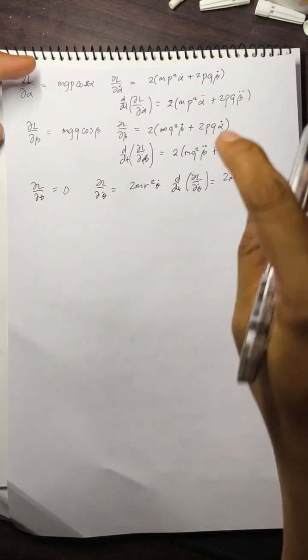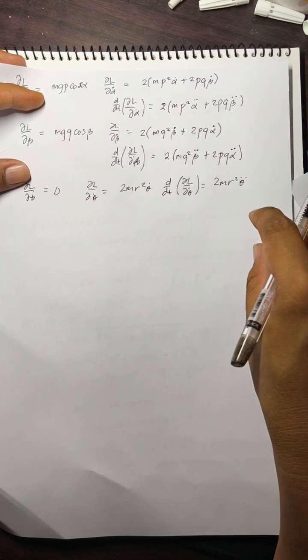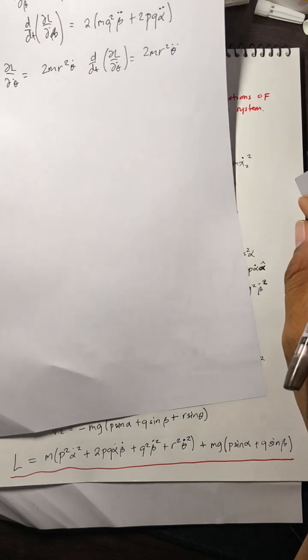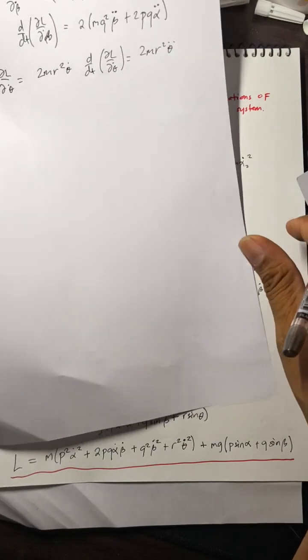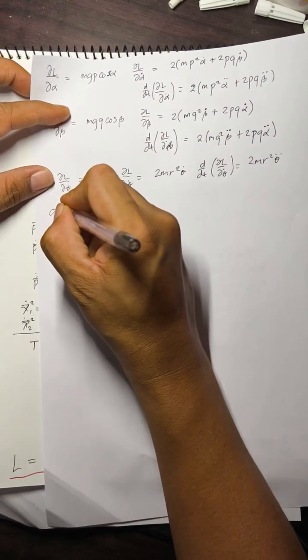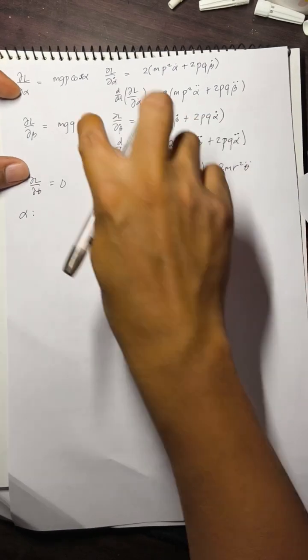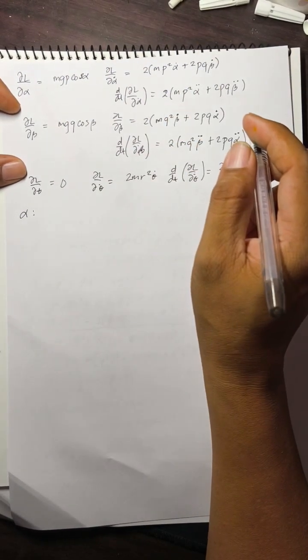Now, our three equations of motion, this is a coupled nonlinear equation. Is this nonlinear? Yeah, it's nonlinear because there are cosines here. So the first equation in alpha would give us this minus that.